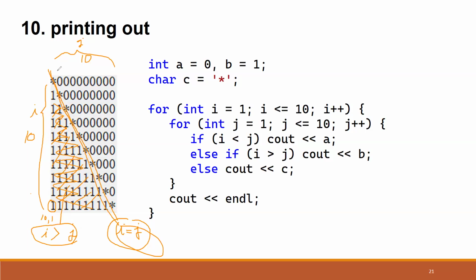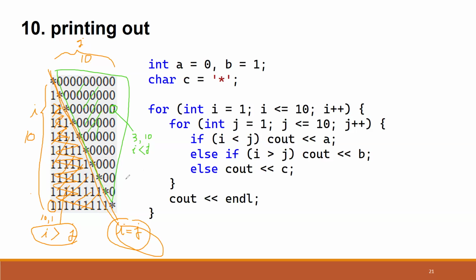And the 0 is printed out in this upper triangle, just pick one. Look at this one. This 0 is at line 3, line is I, and column 10. Column is J. Okay, so 0 is printed out if I is less than J.